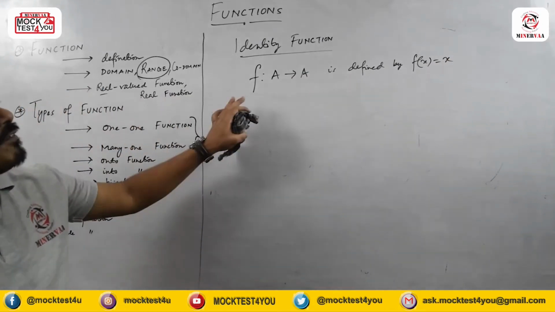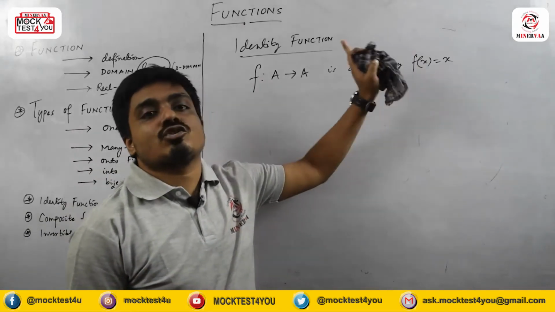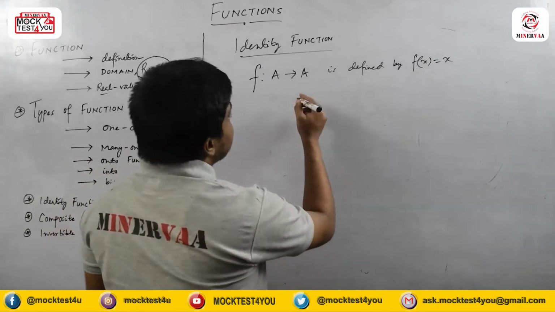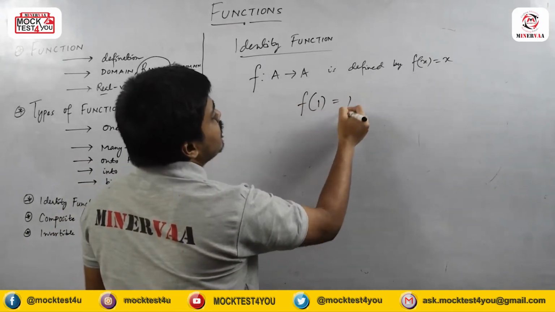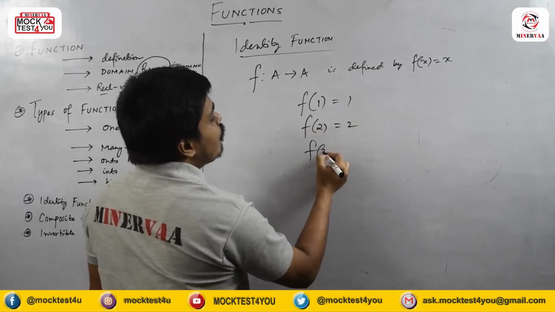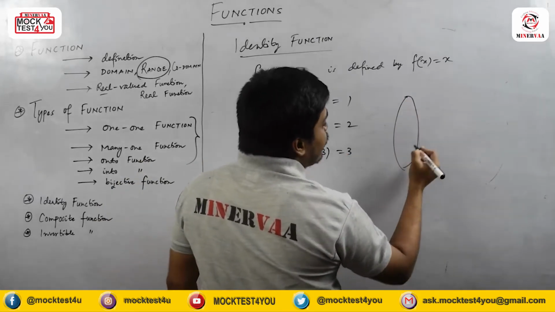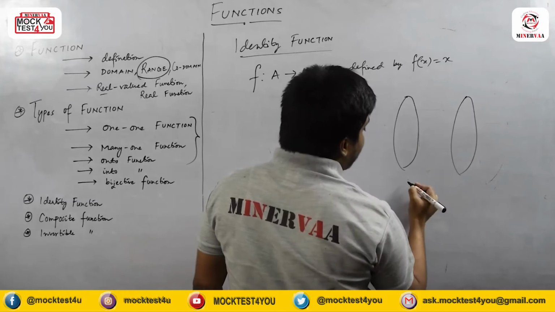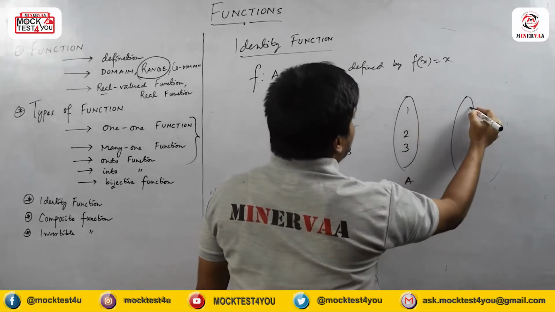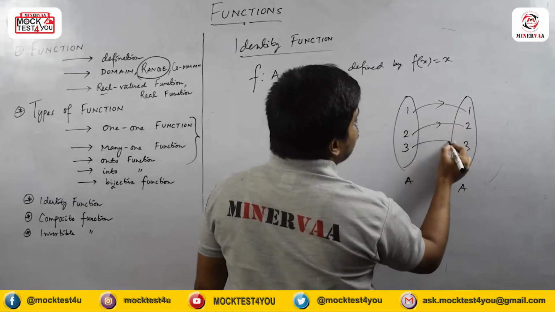then we can say that this type of function is known as identity function. So f(x) = x means what? It means f(1) = 1, f(2) = 2, and f(3) = 3. If I draw the arrow diagram from A to A, with 1, 2, 3 and 1, 2, 3, then 1 goes to 1, 2 goes to 2, 3 goes to 3.